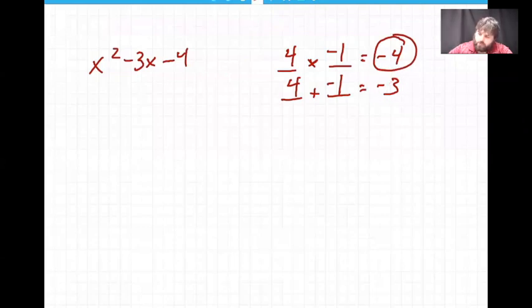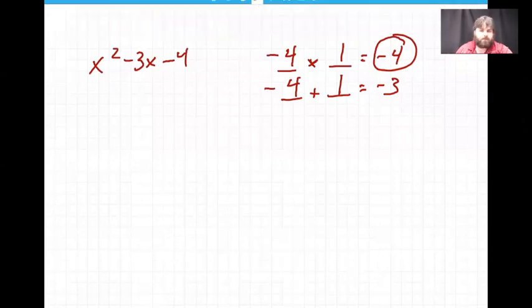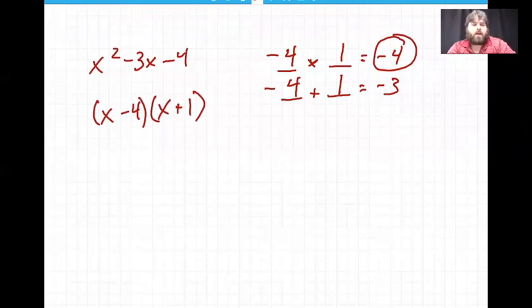So if you don't get -3, then you know that you're supposed to have done the -4 and the positive 1. So once you figure out those numbers, it's straightforward. You put those numbers next to x's with plus or minuses, whatever their signs are, and that's the factorization. It's that easy.